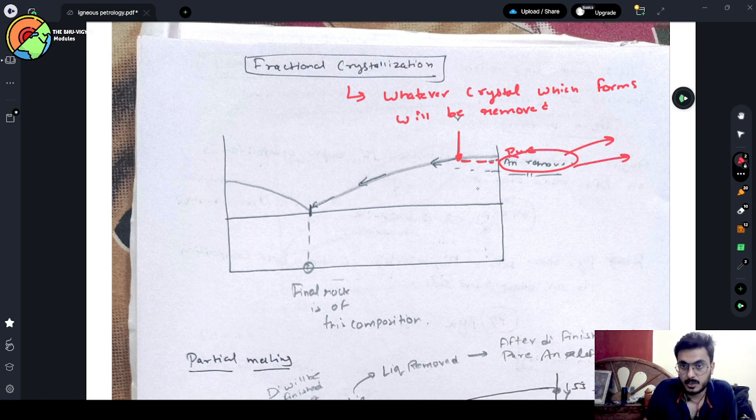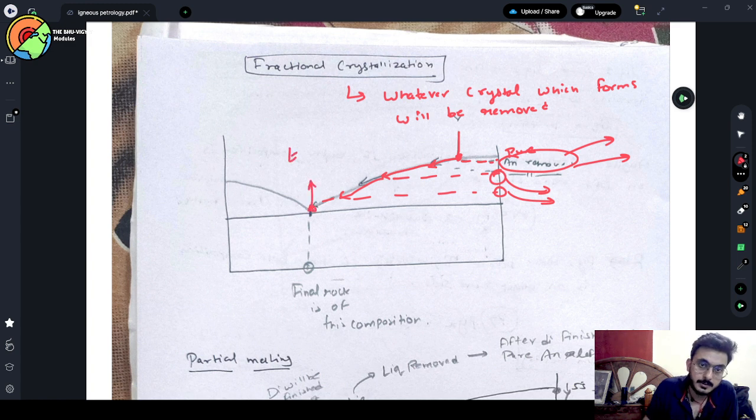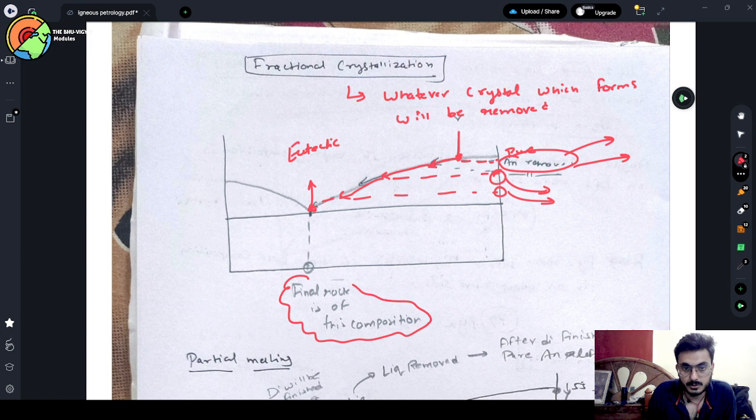So the graph will go on this side and this side like this, and whatever crystal is forming here is getting removed. This curve will hit this point, which is known as the eutectic point, and the final rock which we get will be of eutectic composition.